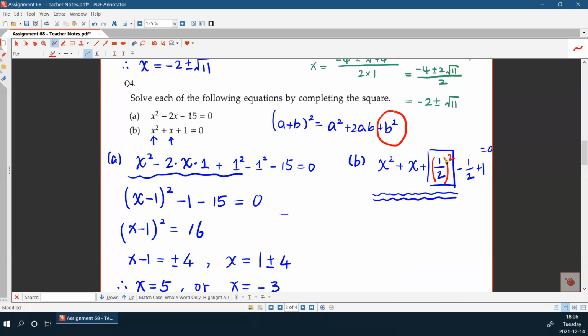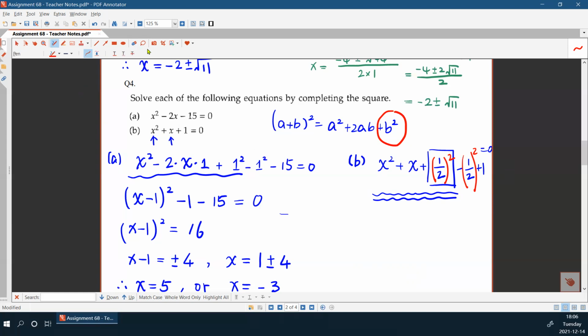So because there is no 1/2 squared in the original equation, if you put 1/2 squared, then you need to subtract it, and then copy the rest of the equation to make it equivalent to the original equation, right?